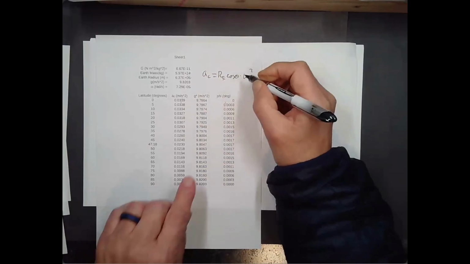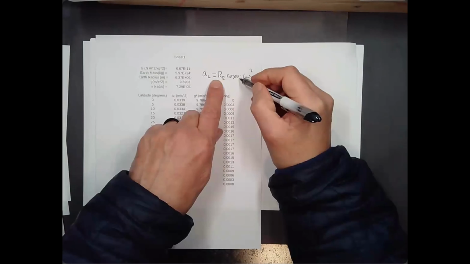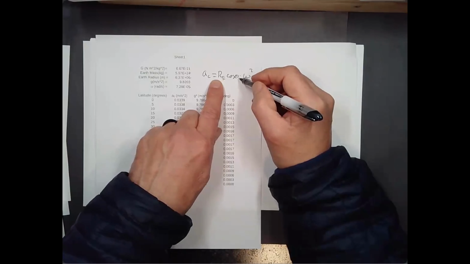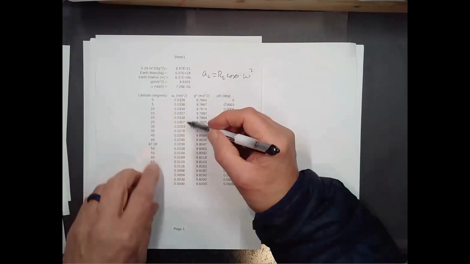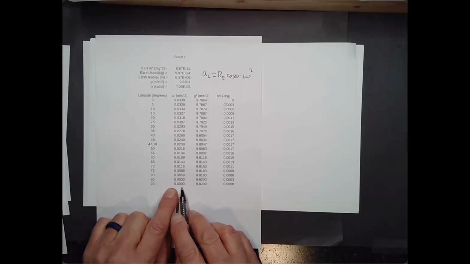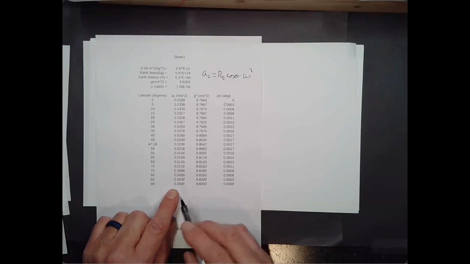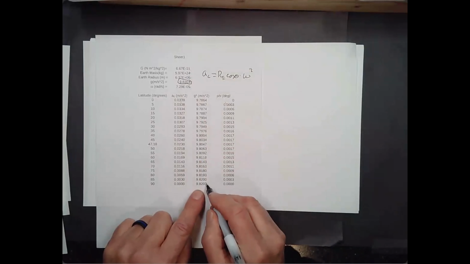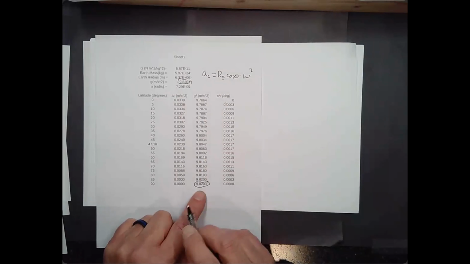Omega never changes, but this gets smaller as you go up in latitude. Cosine diminishes as you go from 0 to 90 degrees. And by the time you get to 90 degrees at the North Pole, there is no centripetal acceleration. So there's no difference between the regular acceleration due to gravity and what we get for this calculation.